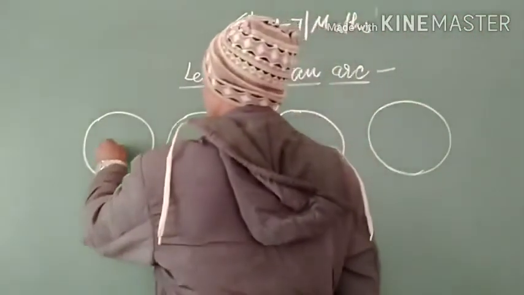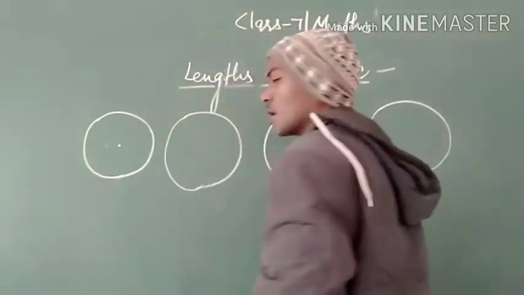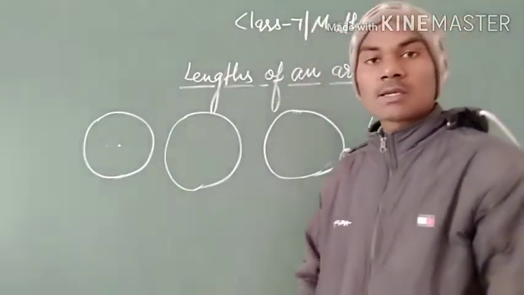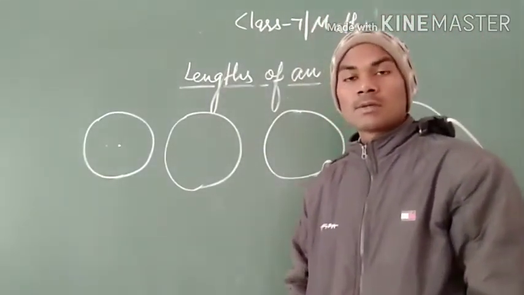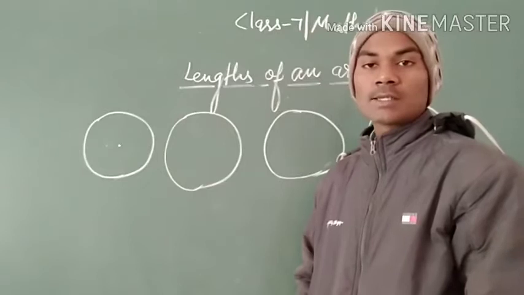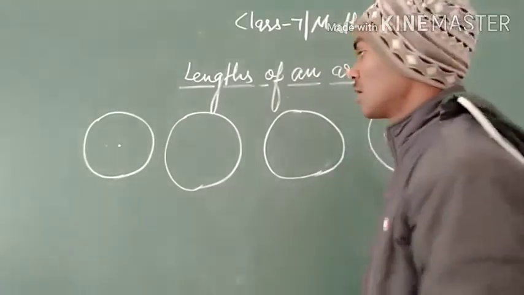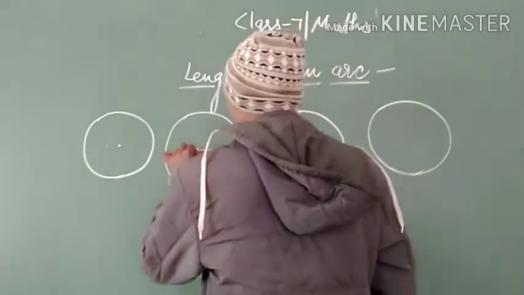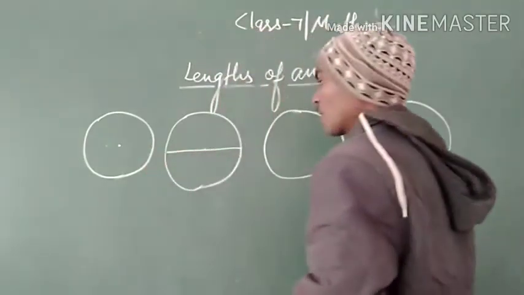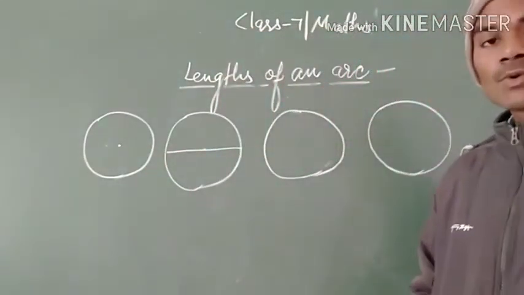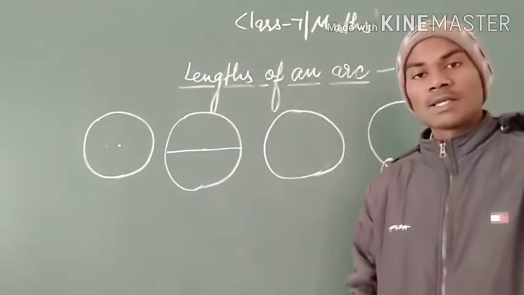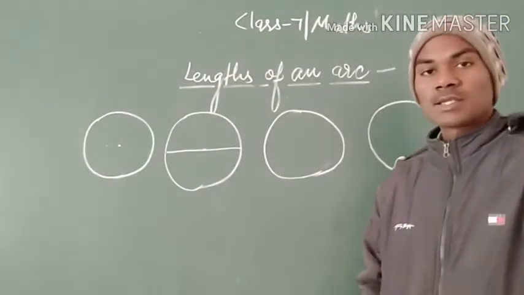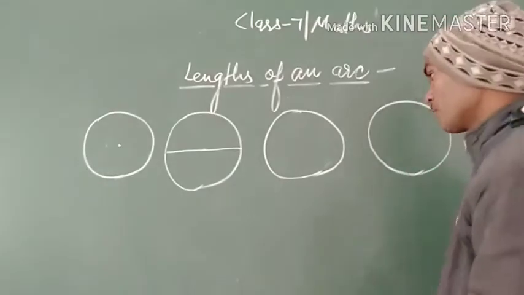In this circle, we can see that the entire circle forms a complete angle, that is 360 degrees. If I draw its diameter, then this diameter will divide the circle into two equal parts and each part is known as a semicircle.